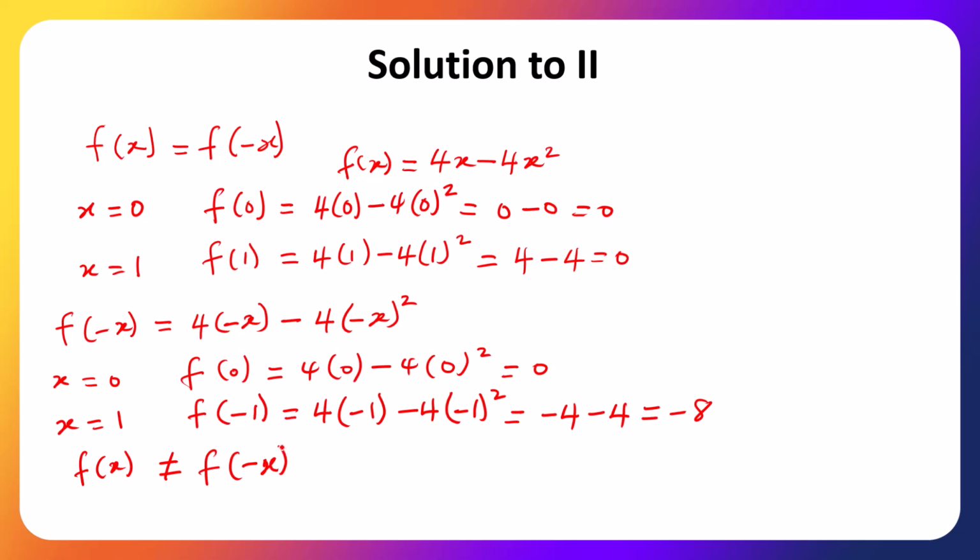Also, minus f of x is also not equal to f of minus x. So we can say that the function f of x equals 4x minus 4x squared is neither even nor odd in this case.